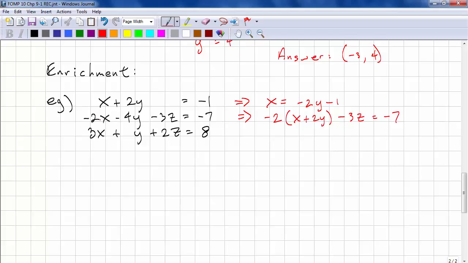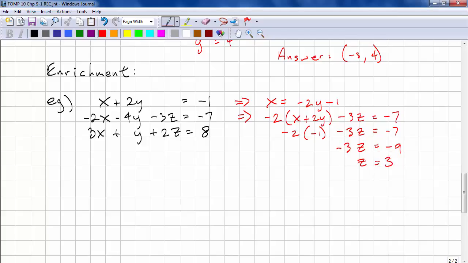So if we substitute something a little bit more complicated, that makes our job easier in the end, because this is equal to negative 1. So we have negative 2 times negative 1 minus 3z equals negative 7. So negative 3z equals... Negative 2 times negative 1 is positive 2. Bring it over to the other side, it's negative 2, so this is minus 9. And negative 9 divided by negative 3 is positive 3.